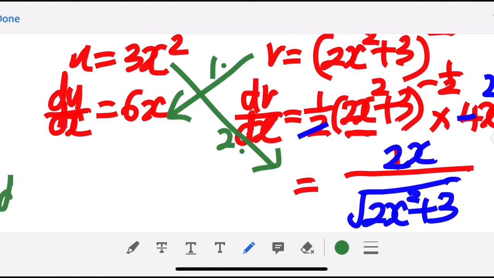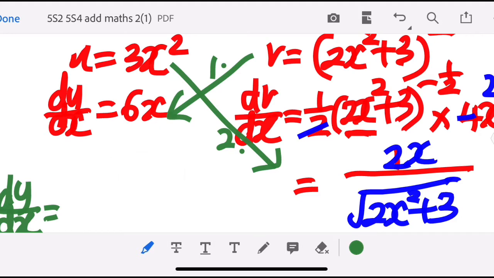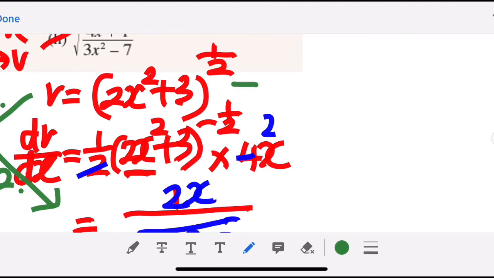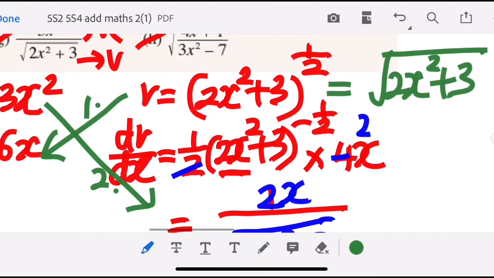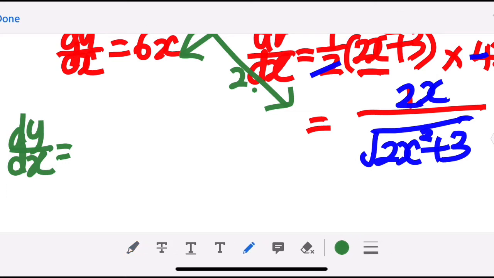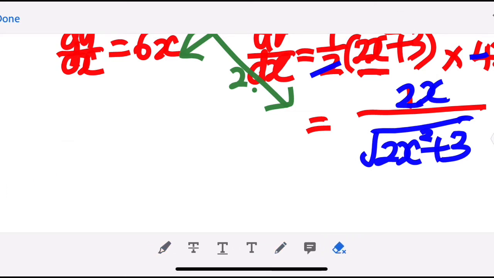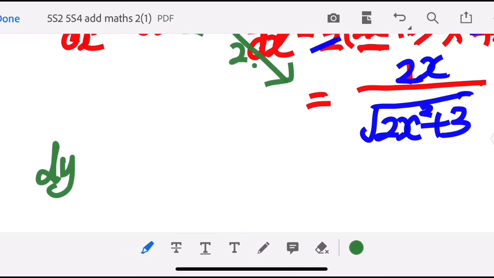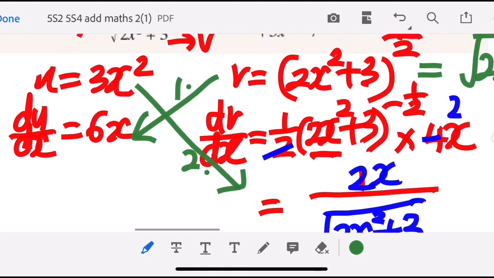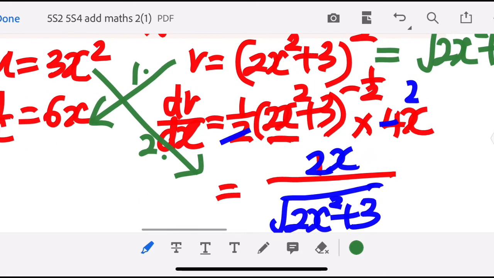So dy dx is, we will take the v, which is 2x squared plus 3. Before we go further, we try to simplify. So dy dx is equal to v, the v is square root of 2x squared plus 3, right?